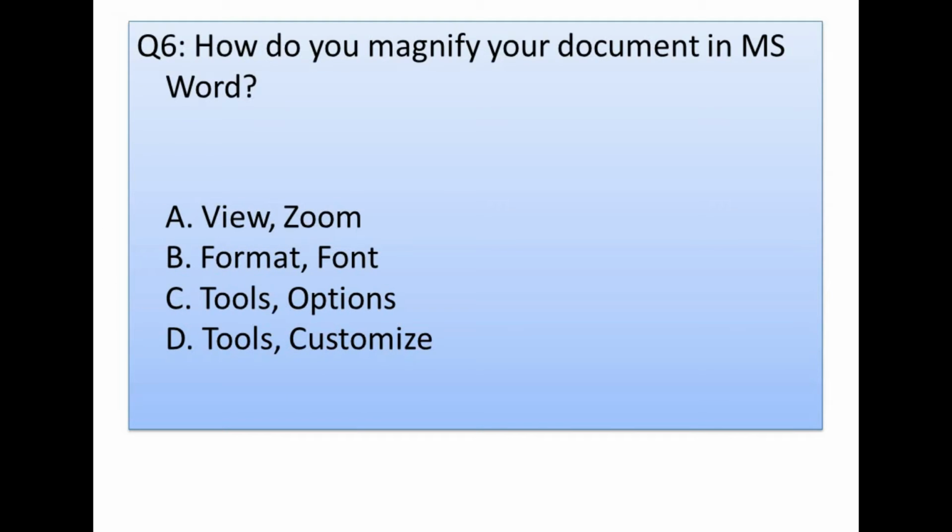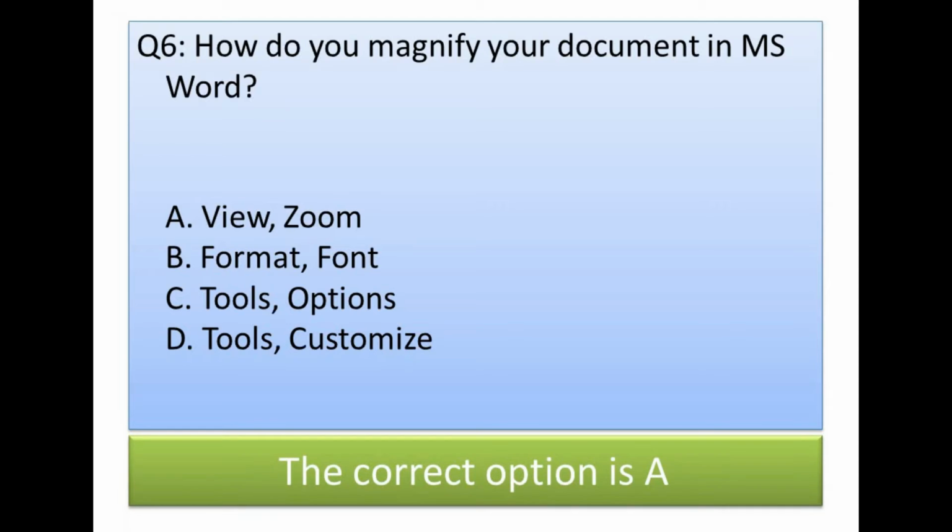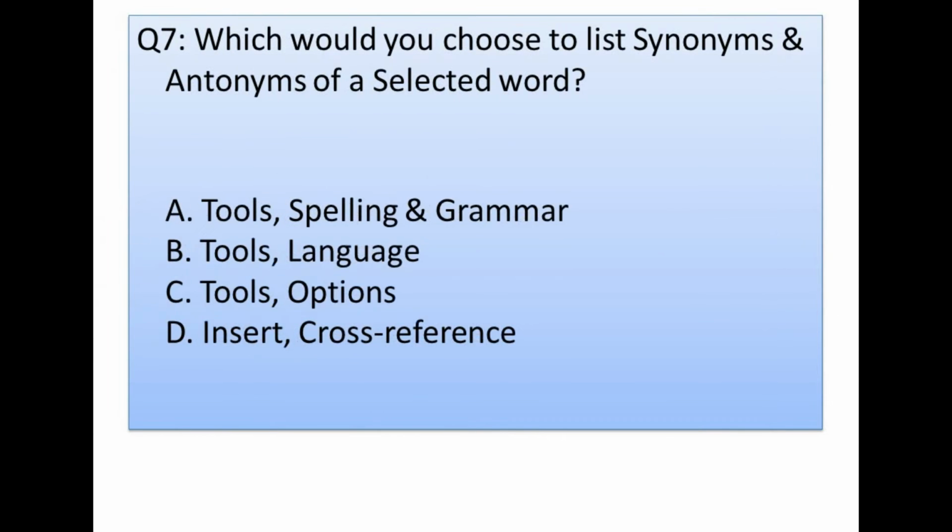How do you magnify your document in MS Word? View, Zoom, Format Font, Tools Options, Tools Customize. So the correct option is A. Which would you choose to list synonyms and antonyms of a selected word?